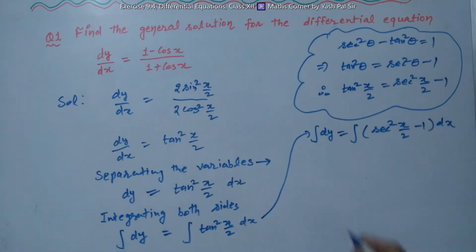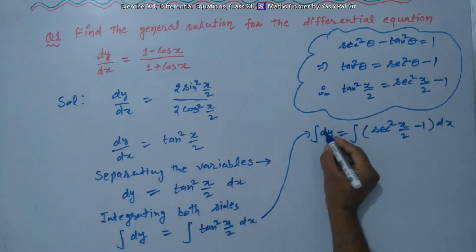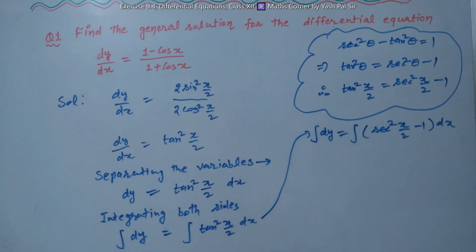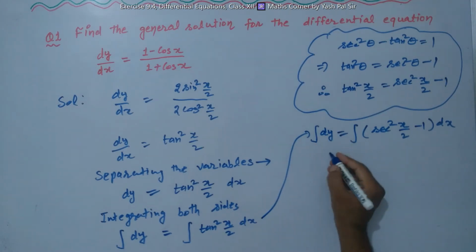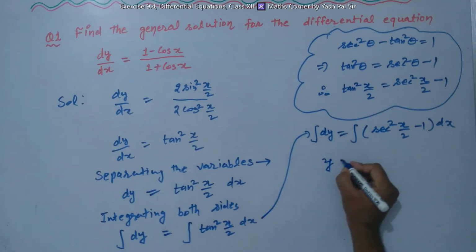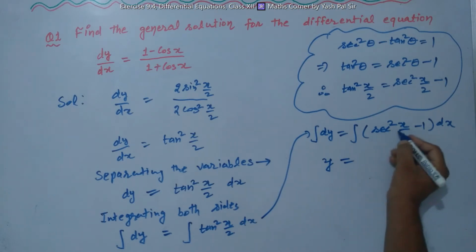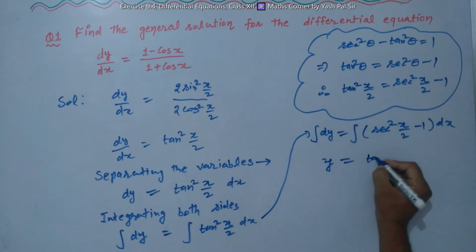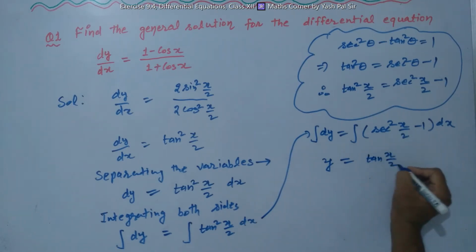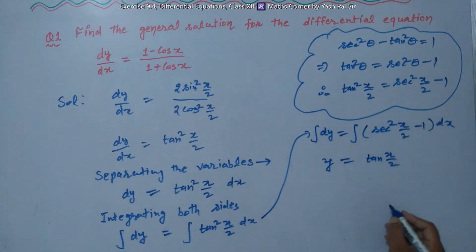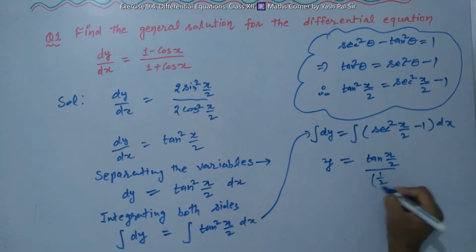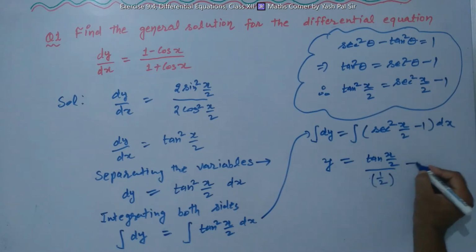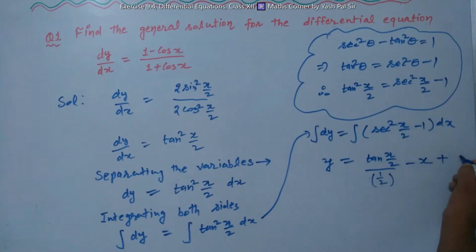So now left hand side, derivative and integration, integration is an antiderivative process, so this will get cancelled, only y is left. So right hand side the integration will be tangent of x upon 2 divided by the derivative of x upon 2, that is 1 upon 2, minus the integration of 1, which is x, plus c, the constant of integration.